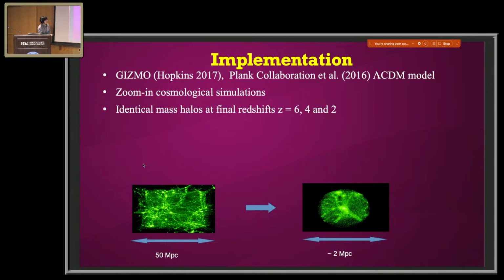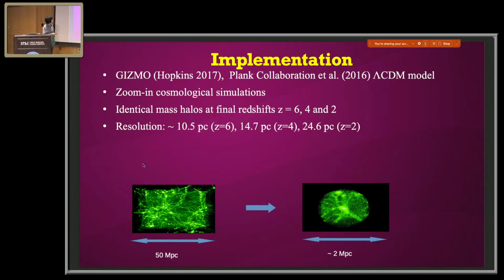Because we know the environment plays a very important role in galaxy evolution, and even for the same halo, at a different cosmic time the accretion history and tidal events may be very different, we simulate the identical halo mass at different redshifts for comparison: redshift 6, 4, and 2. The resolution in our simulation is around 10 parsec at redshift 6, 15 at redshift 4, and 25 at redshift 2.